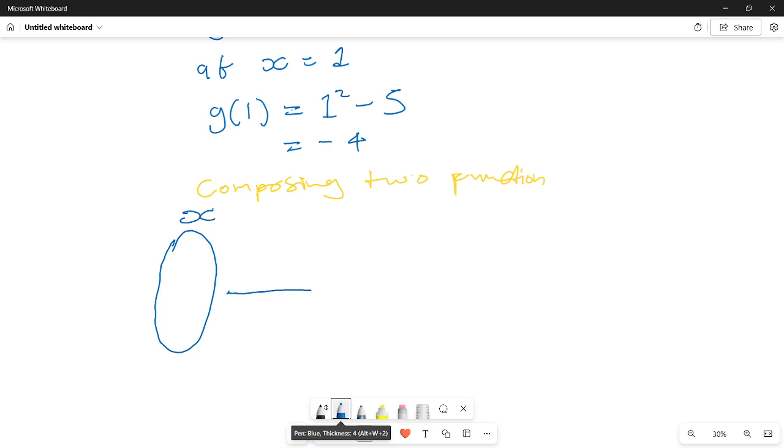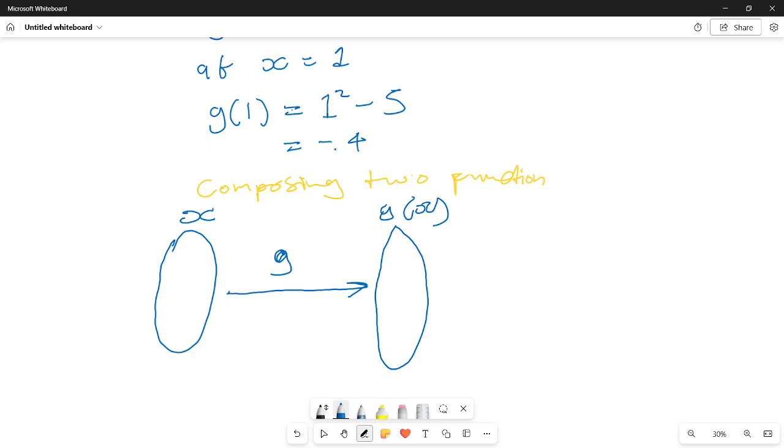And if we apply the function rule g to the input x, we are going to get an output, which is g of x.